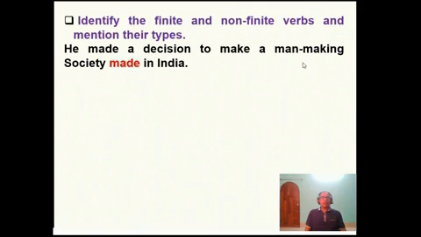Again, in this sentence, first you will try to identify the verb, then you will differentiate the finite verb and non-finite verb, and you will also tell the types. Here you find three verbs. He made a decision to make a man-making society made in India. Made, to make, and again made.